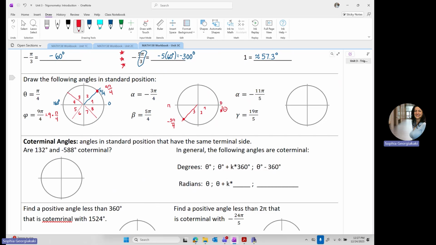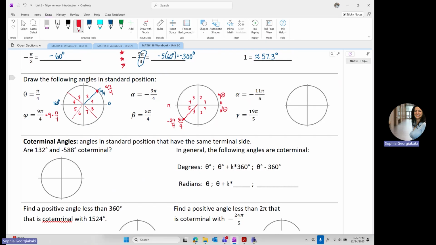If I want to do 5 pi quarters, which is now positive, I'm going to again move in quarters. So 1, 2, 3, 4 to get to pi, and 5 to get me also at the same spot. So negative 3 pi quarters and 5 pi quarters are the same location on the circle.